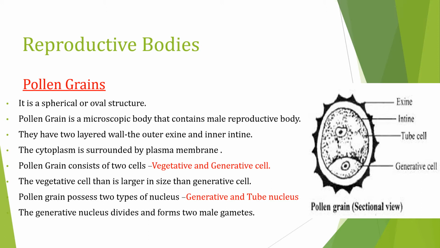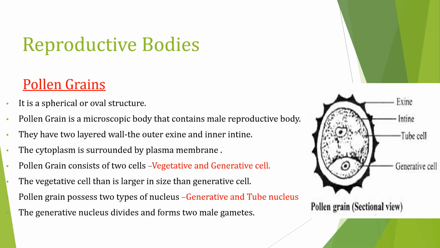Pollen grains have a two-layered wall, the outer exine and the inner intine. The exine layer is rough and spinous and it bears small pores which are called germ pores. The inner thin wall of the pollen grain is called the intine. It is made up of cellulose and pectin.